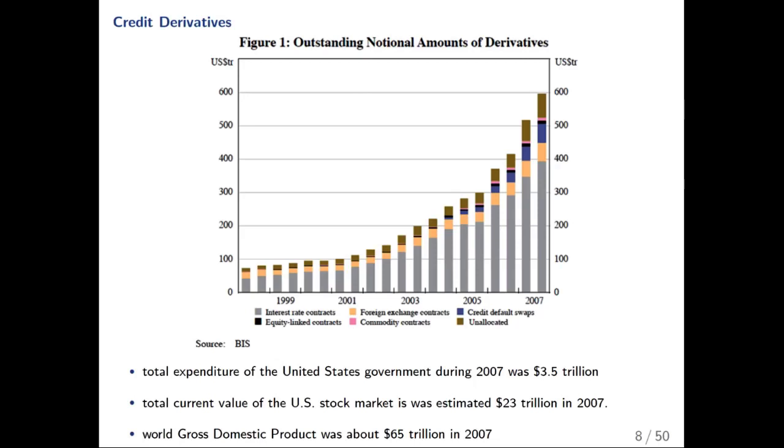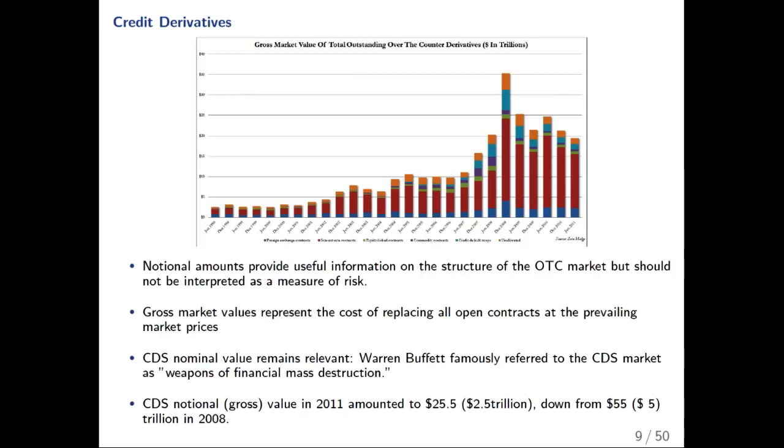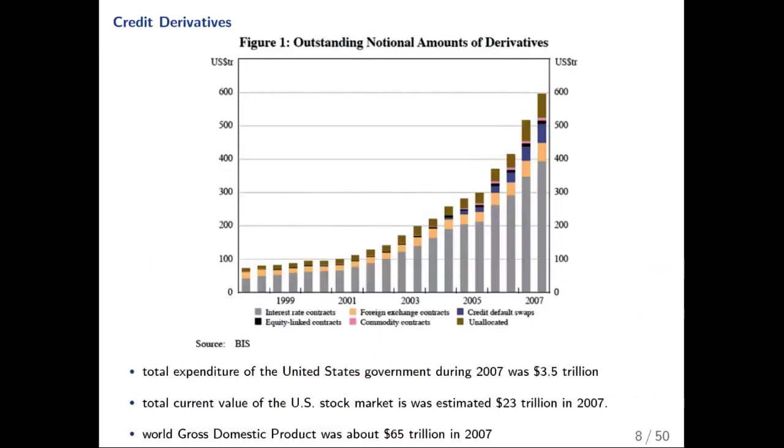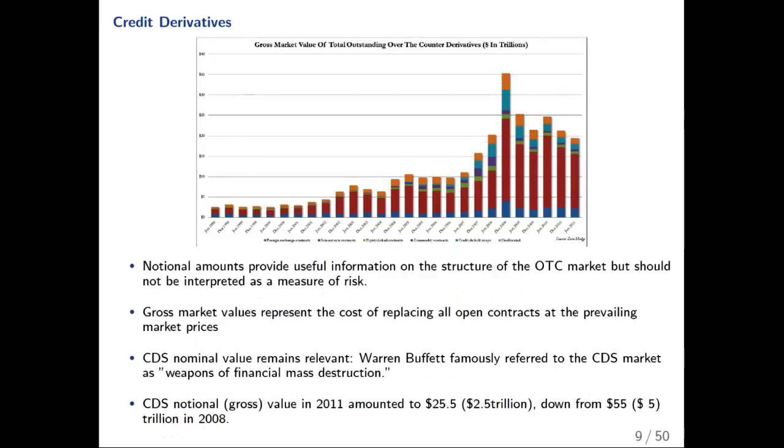Well, notional terms is not exactly the quantity that we care about, but it gives you a useful measure of risk, nonetheless. So gross values represent the cost of replacing all outstanding contracts. What I'm showing you now is, instead of notional values, gross values.